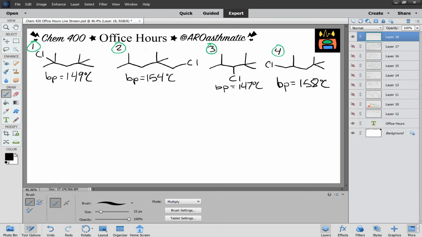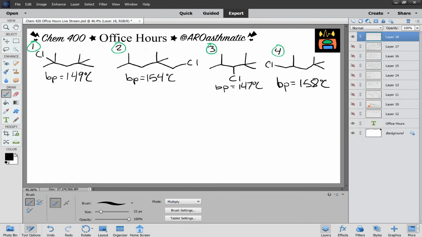Okay, so this is part number 2 of data analysis. It says assign each peak found on the GC trace to its correct corresponding structure.